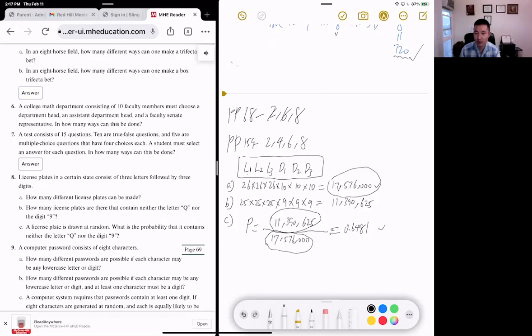The ratio of these two numbers gives us the probability, because every single license plate is an equally likely event. They have the same chance.